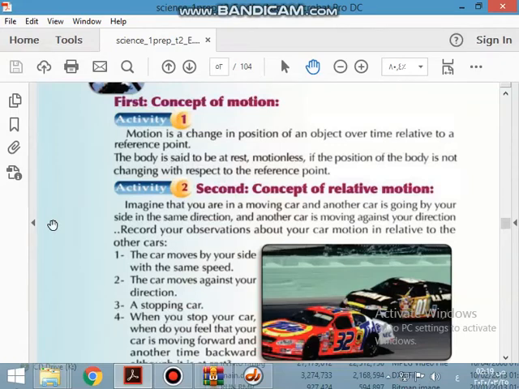Motion happens all around us, like motion of the cars or motion of the motorbike. They are moving with different speeds. So, what is the speed?